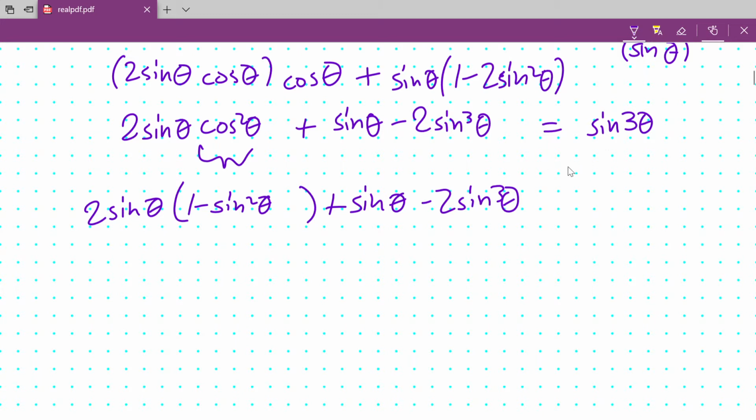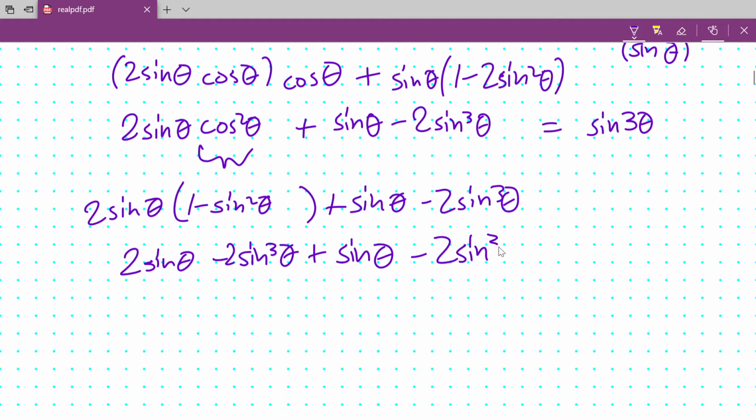They want you to find sine 3 theta, so we just multiply these brackets out. We have 2 sine theta minus 2 sine cubed theta plus sine theta minus 2 sine cubed theta is equal to sine 3 theta.